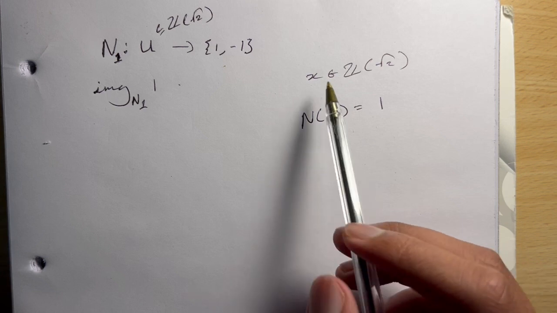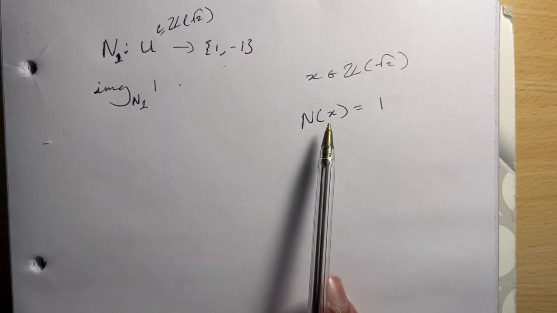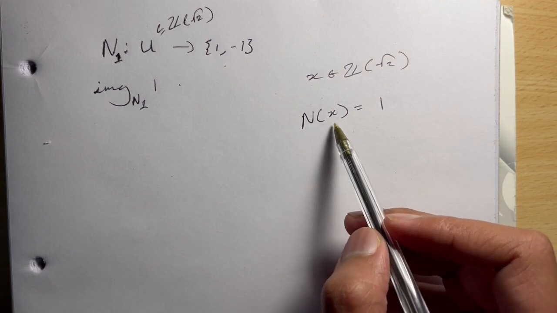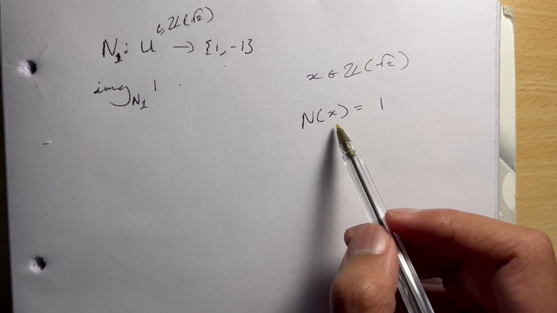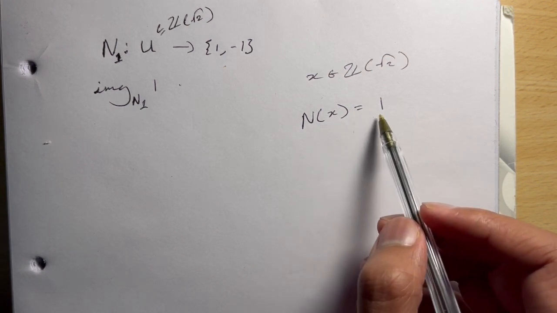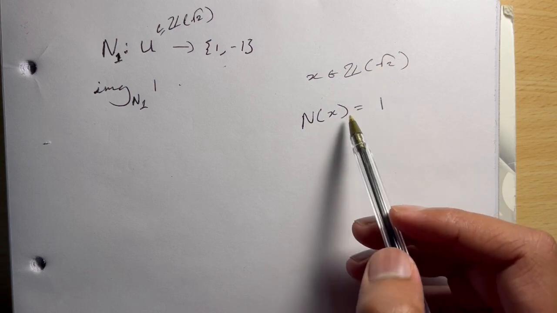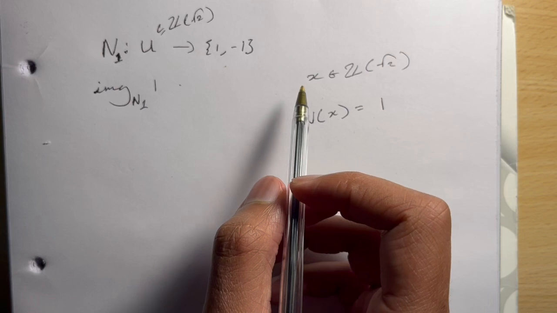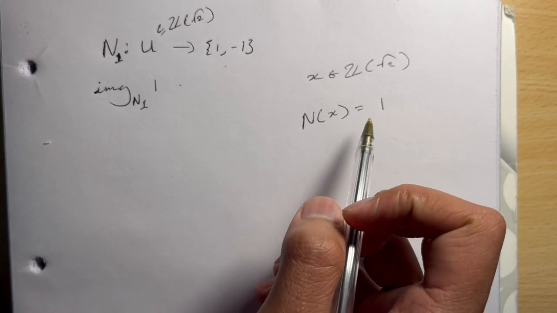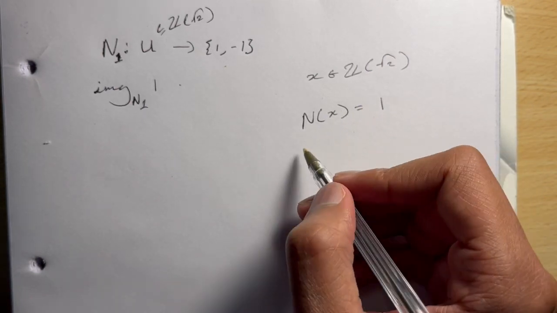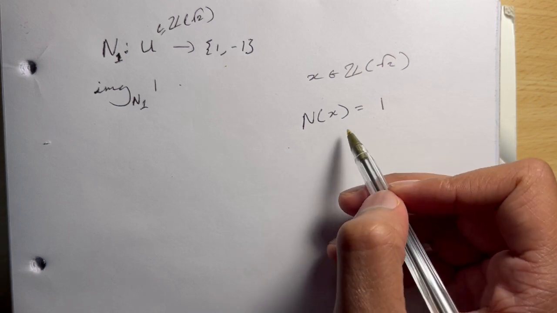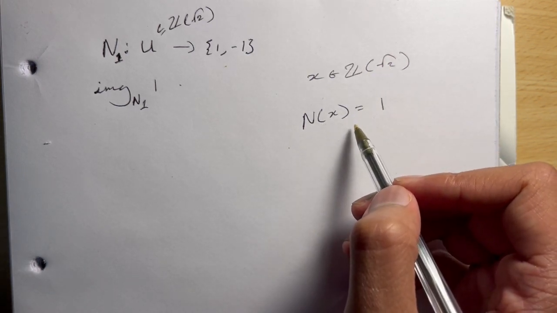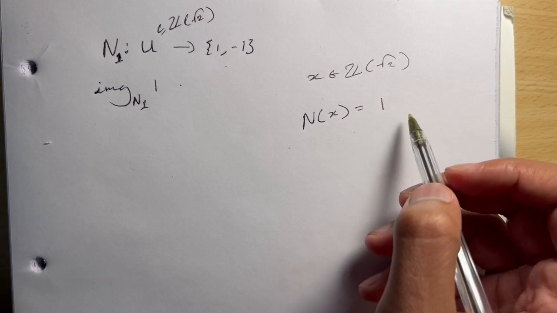So the question: if the norm is 1, does there exist a y such that x y is equal to 1?